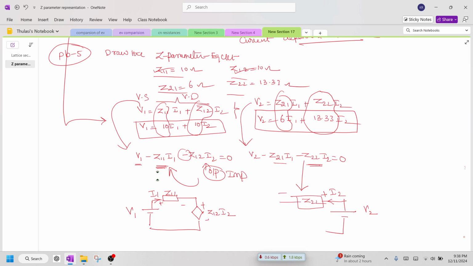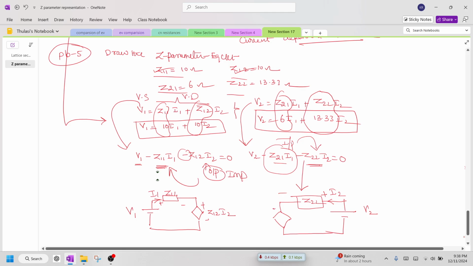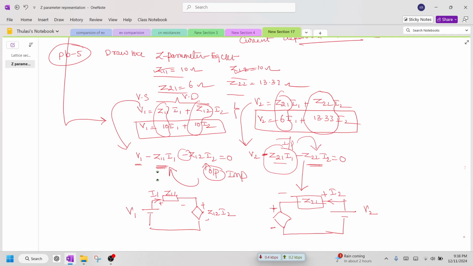So output voltage and output impedance are drawn, but we want to show our output parameters in terms of input parameters. That's why we use a dependent source like this and connect it. What is the leaving terminal? Minus. This is positive, this is negative, this value is Z21 I1. So join this input node and output node.